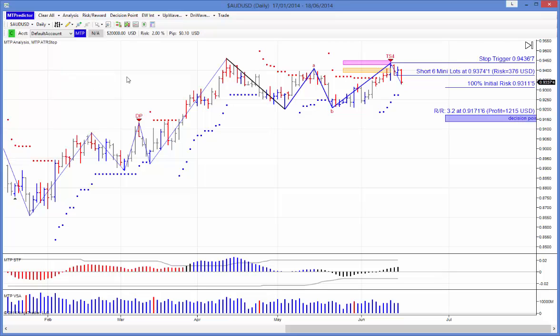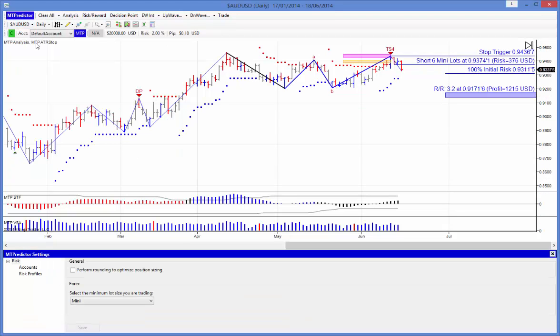We also have many other advanced tools or advantages for Forex traders, in particular the way we have our pips set here. Very easily, under the preferences for MTPredictor, we can select the minimum lot size you are trading. At the bottom here you can either select none, which means you see the actual underlying currency value, or you can select whatever size lots you're doing.